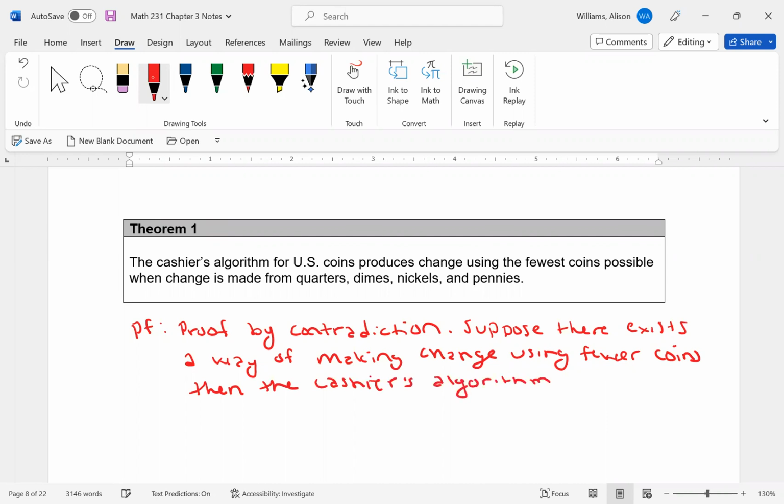All right, and let's say it would use Q prime quarters. I'll write that out. Okay, now Q prime is going to be less than Q, which is the number of quarters from the cashier's algorithm.